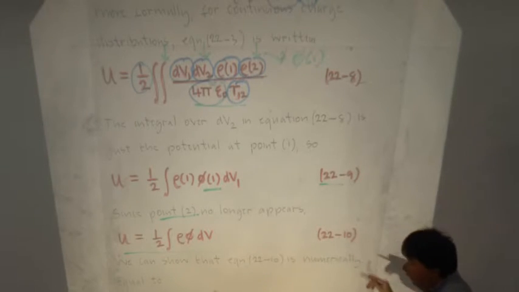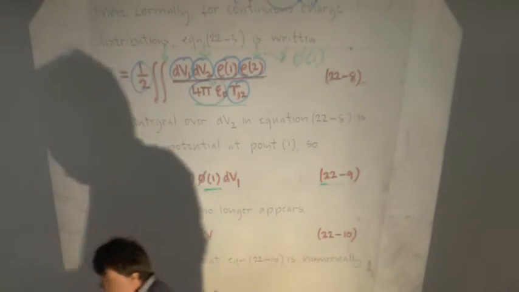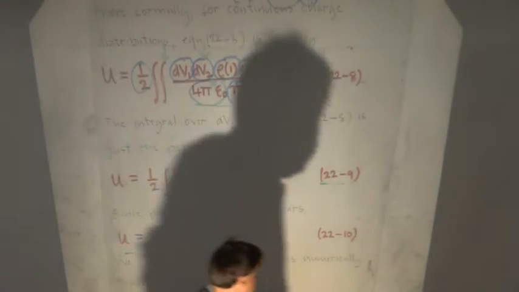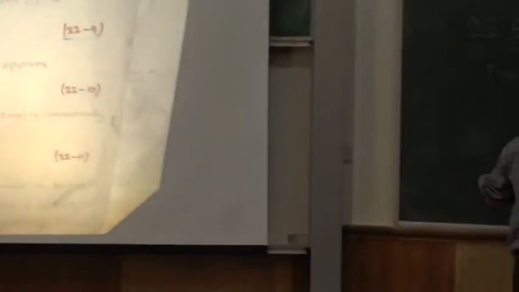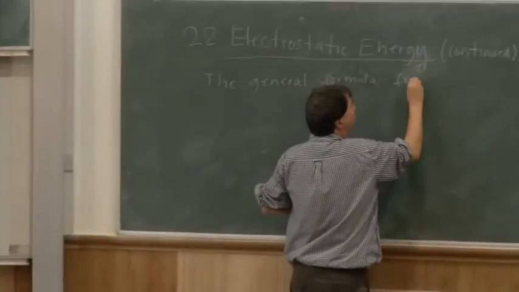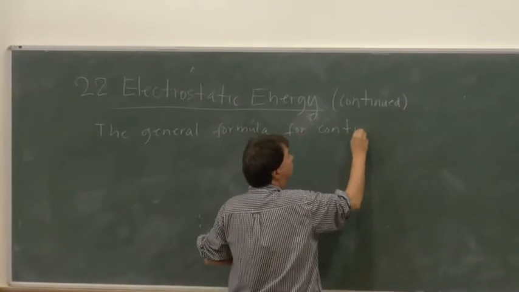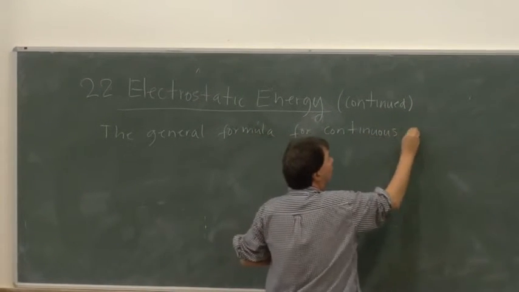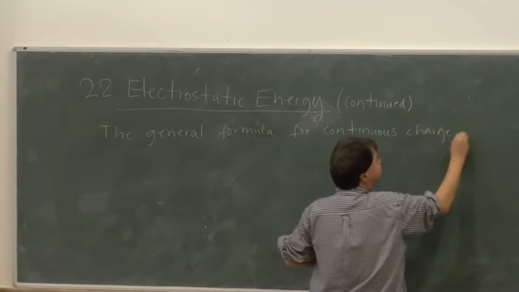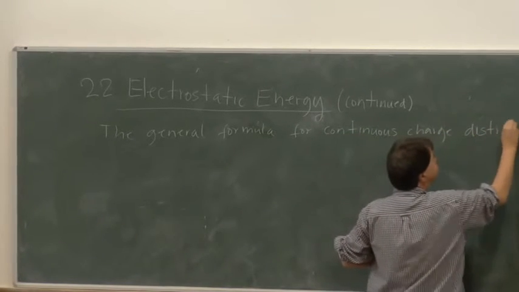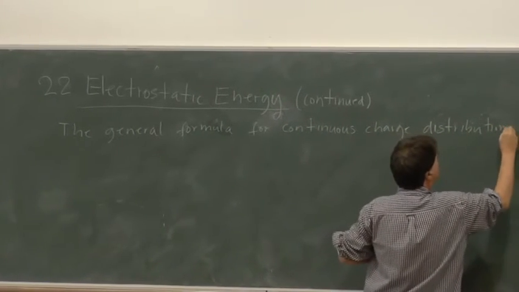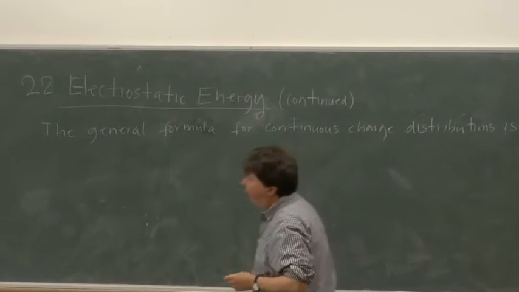So if you like, again, I'll make 1 or 2 board notes as we go along, because this is the general formula for continuous charge distributions. It is a very, very simple one.